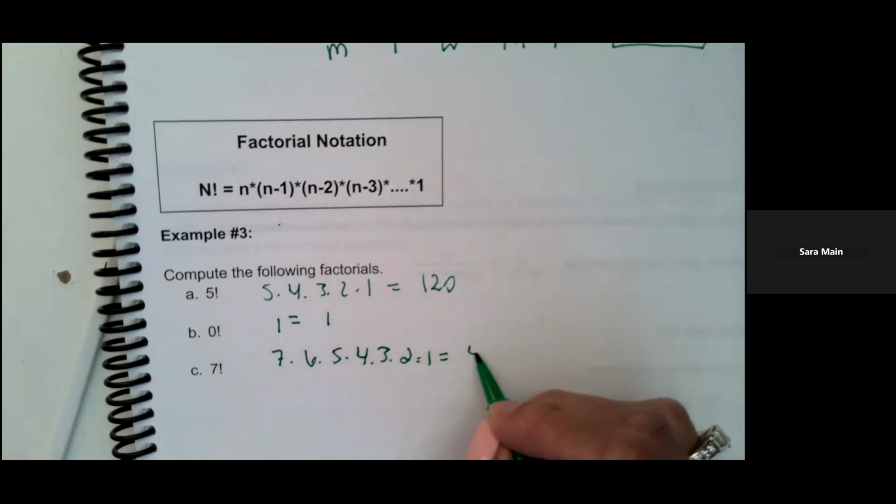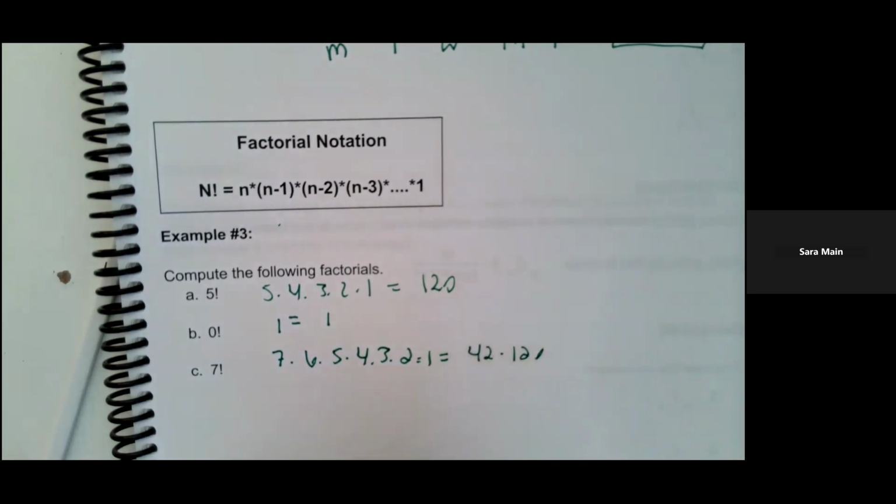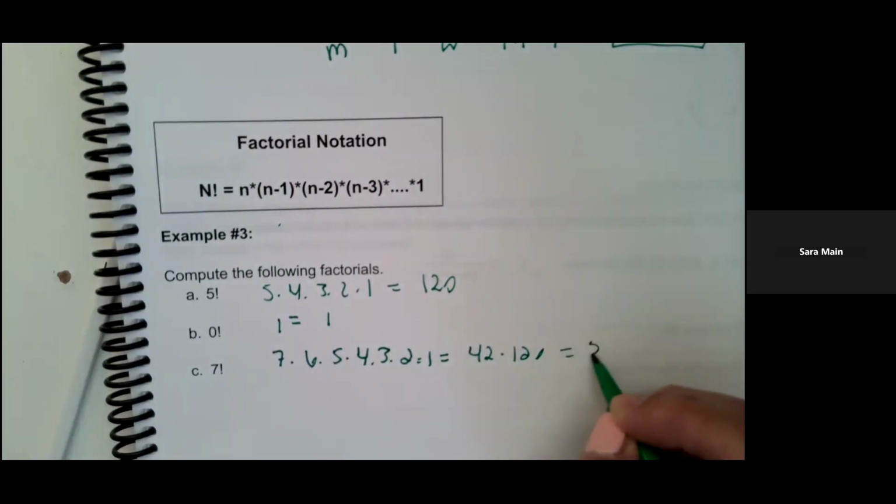So that would be 42 times 120. What did you get? 5,040.